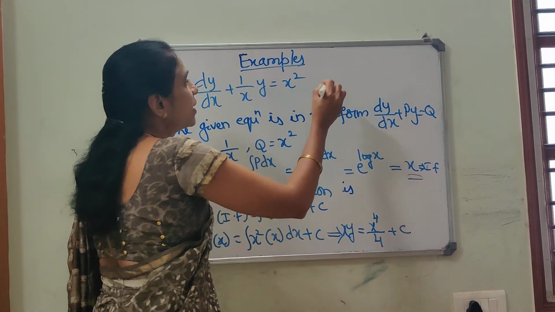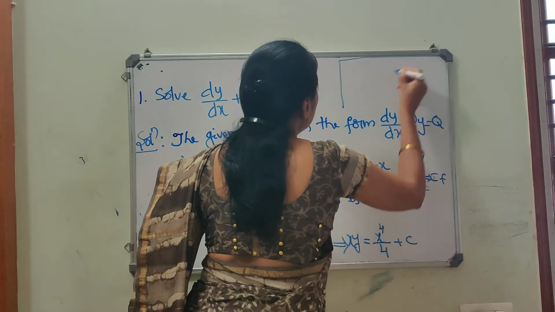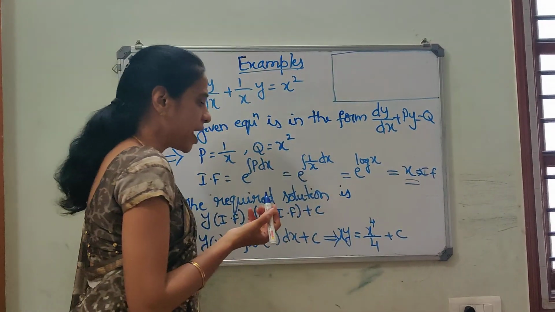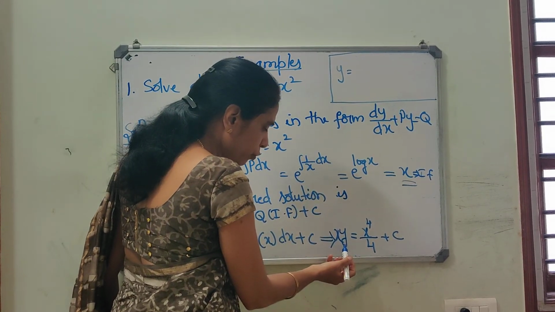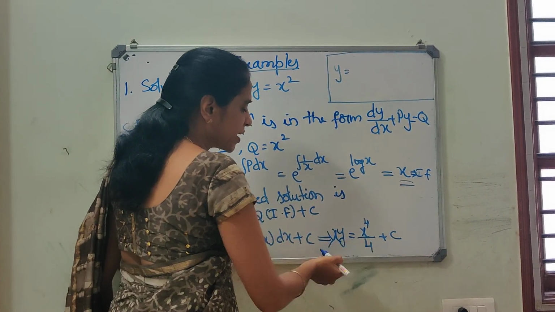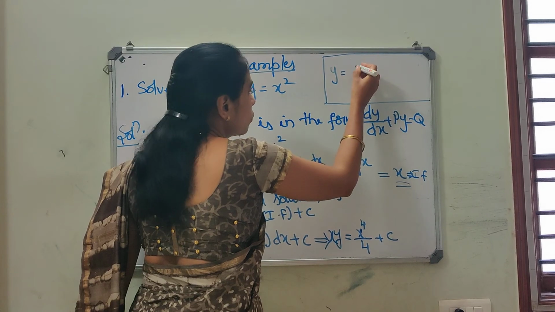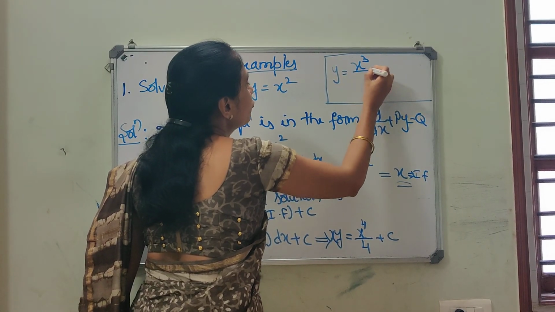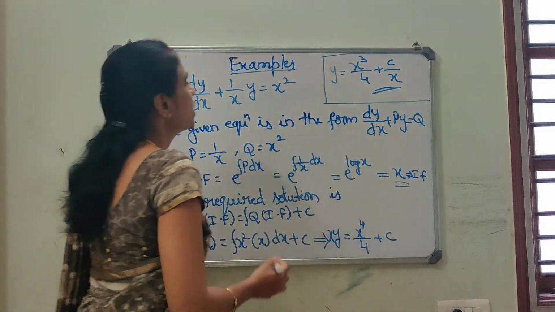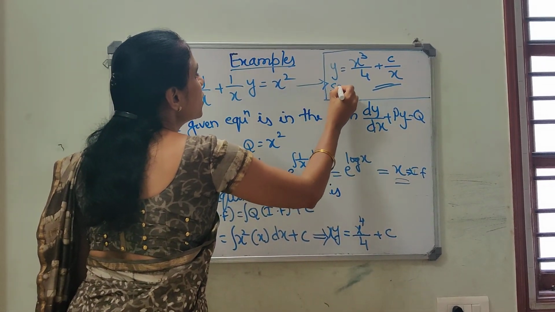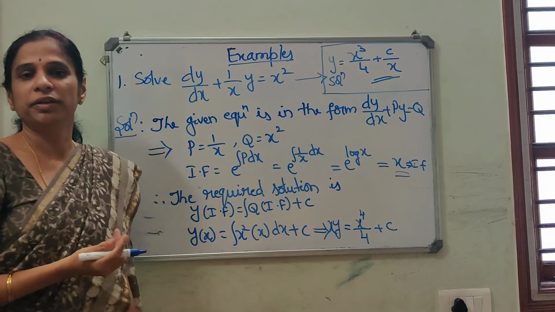If you want it as a function of x only, what do you have to do? If you want to write y as a function of x, divide throughout by x. Y is equal to x cube by 4 plus c by x. So this is the solution of this differential equation.